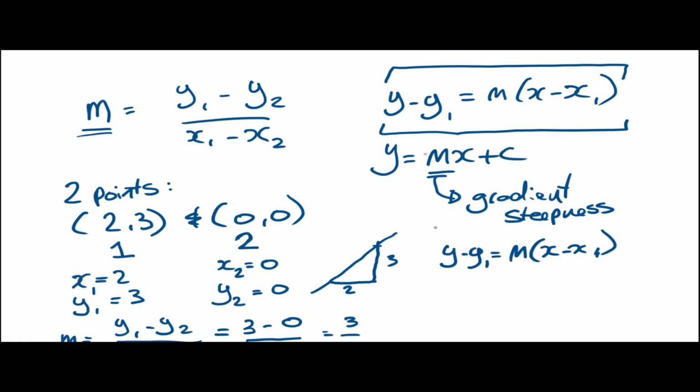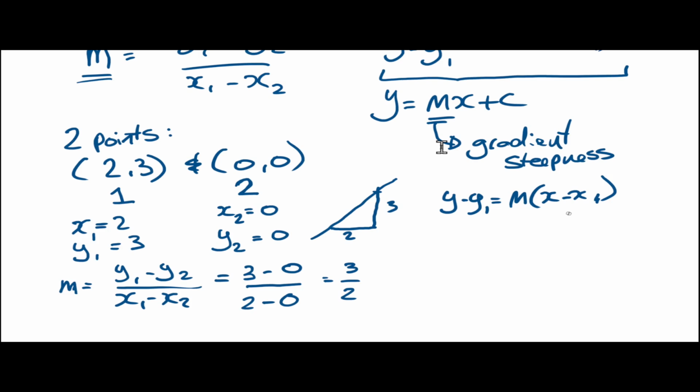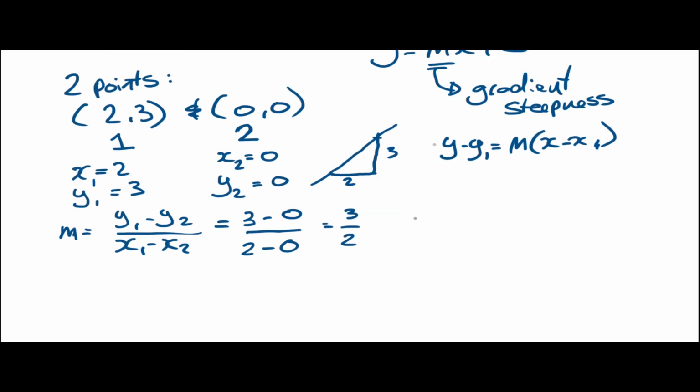It's often a recipe for disaster when you do that. So just have the formula that you're using right there so you can substitute the values straight in. So y is just y. y1 is 3. It's right here. m is 3 over 2. x is x. And x1 is 2.